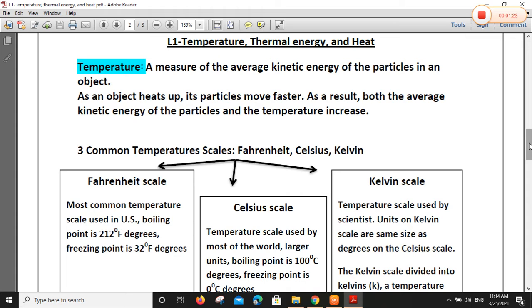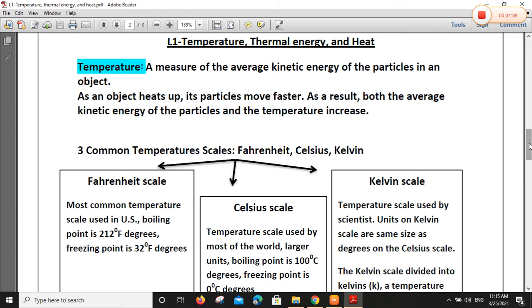Number 1, the Fahrenheit scale, the most common temperature scale used in the US. The boiling point of water in the Fahrenheit scale is 212 Fahrenheit degrees.